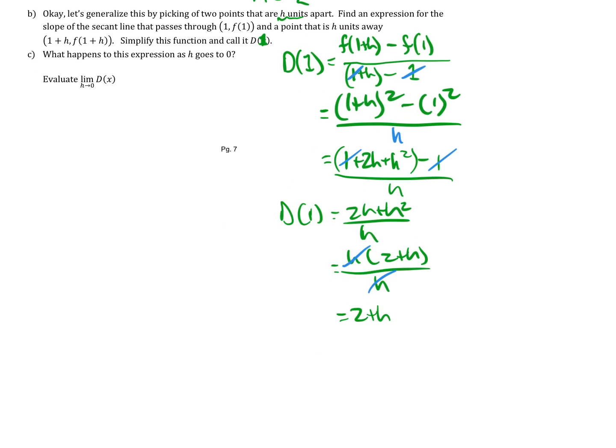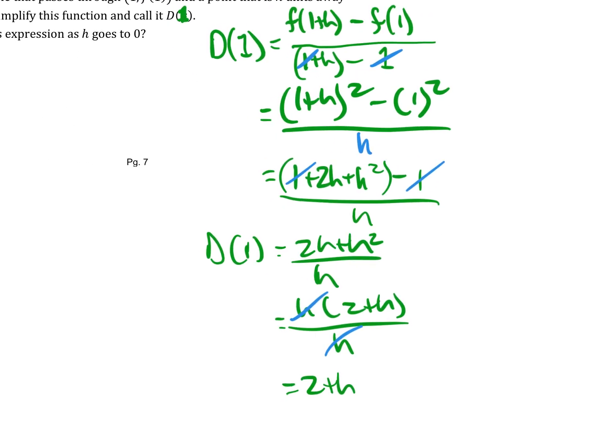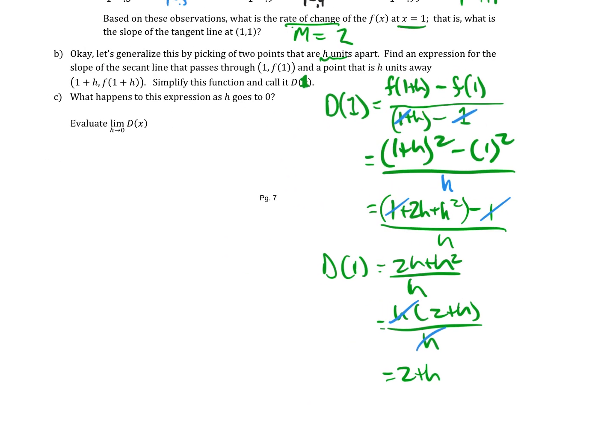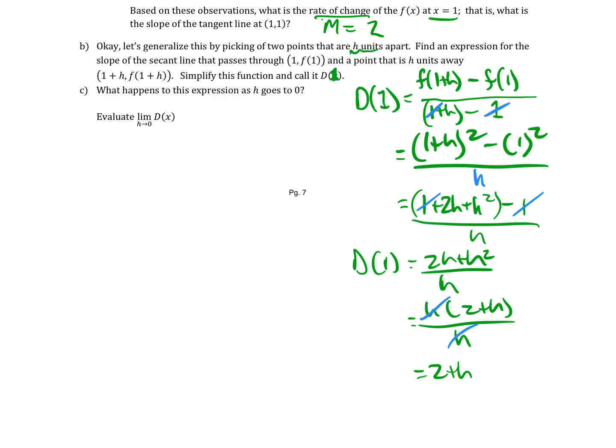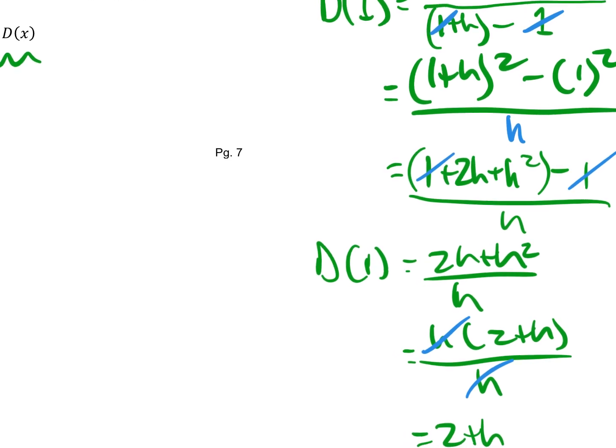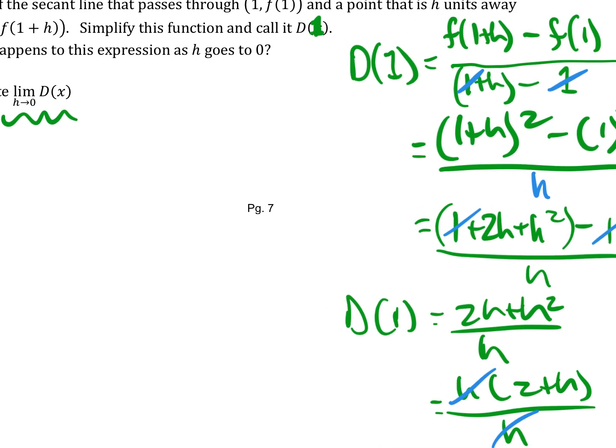So what does this mean? What this means is we now want the limit as h goes to 0. Let's go back to this previous one. The limit of d of 1, because this is specifically at 1, is the limit as h goes to 0 of 2h plus h squared over h.